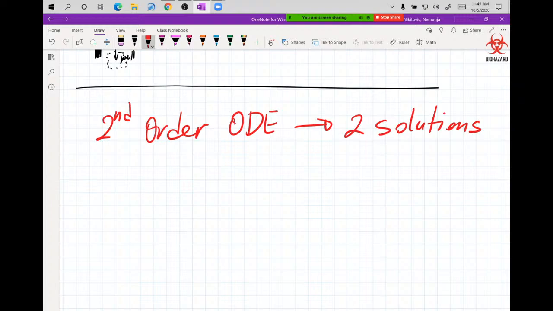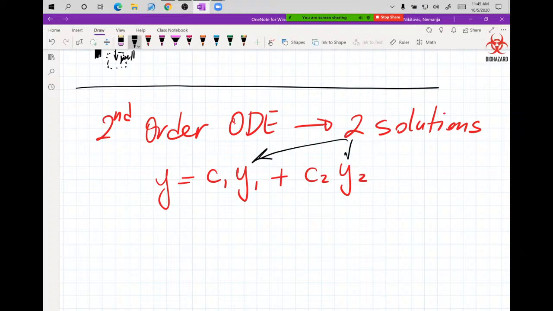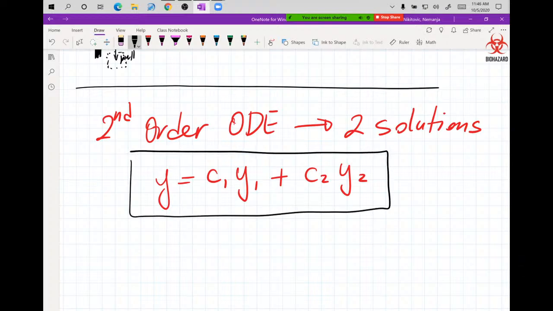That's not the focus of the story yet, I'm just mentioning it because I'm going to write this as C1y1 plus C2y2, and your two solutions are actually these y1 and y2. So those are the two solutions that you are looking at. The overall solution is a linear combination of the two independent solutions.